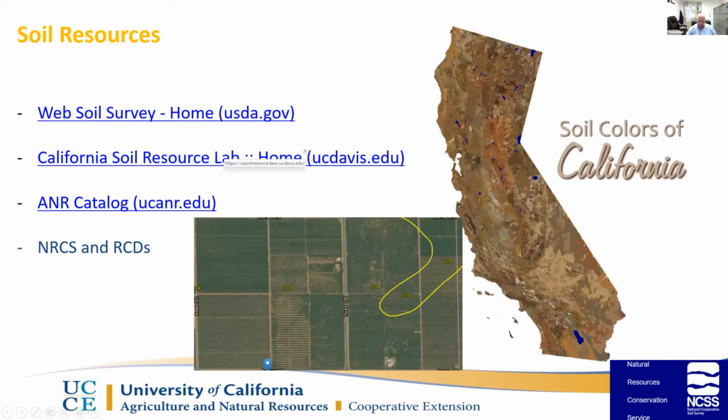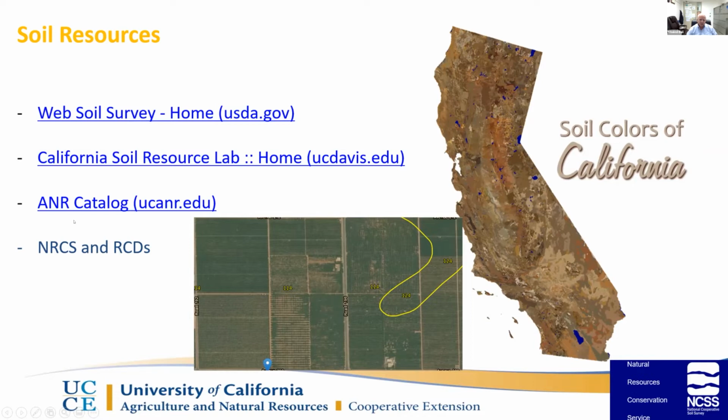Fortunately in California, there are so many different sources where you can get the soil maps. Some of these sources: the Web Soil Survey, which is basically the same as the old soil maps that we used to have 20, 30 years ago. This is what I like, the Web Soil Survey is relatively easy to use. There's the California Resources Lab from UC Davis.